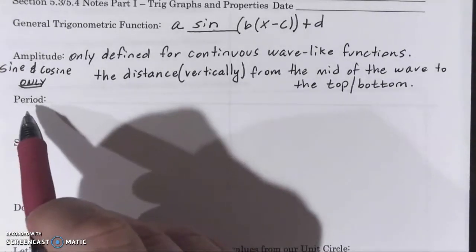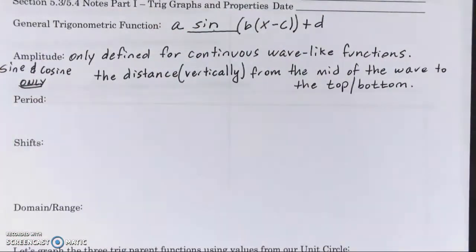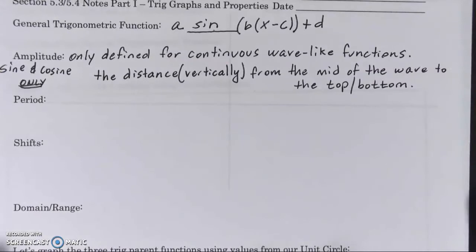Alright, the period of a graph. Now we need to talk here that trig graphs are what we call cyclical. Okay? So trig graphs are cyclical. That means in a certain value of x's, in a certain horizontal distance, if we continue on with this horizontal distance, these graphs will repeat themselves. And that's what it means for a graph to be cyclical.